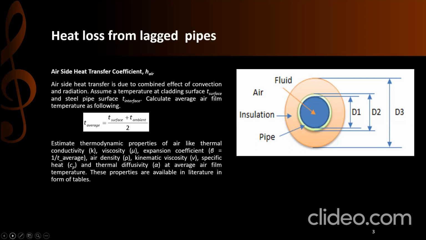This is the formula. Air side heat transfer coefficient is due to combined effect of convection and radiation. Assume a temperature at cladding surface, T surface, and steel pipe, T interface. Calculate average air film temperature as follows. Pipe surface, you have cladding.